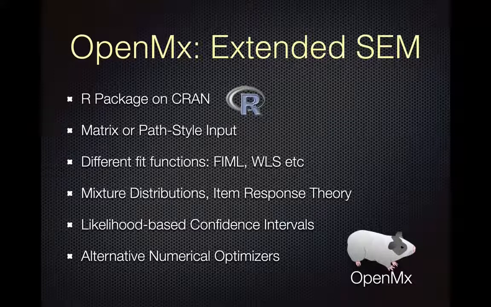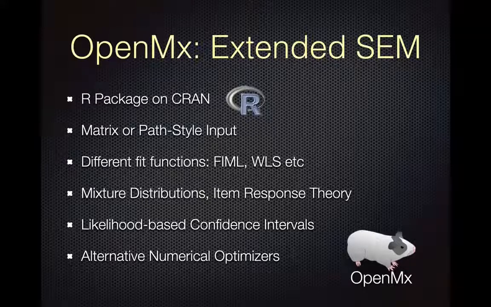It's an established R package on CRAN, which means that it is necessarily an open source package. We have different ways that users can specify models. You can specify them in matrices, as I just described, but you can also provide path style input. And there's ancillary software such as Onyx, which can generate OpenMX scripts directly from diagrams that you draw.